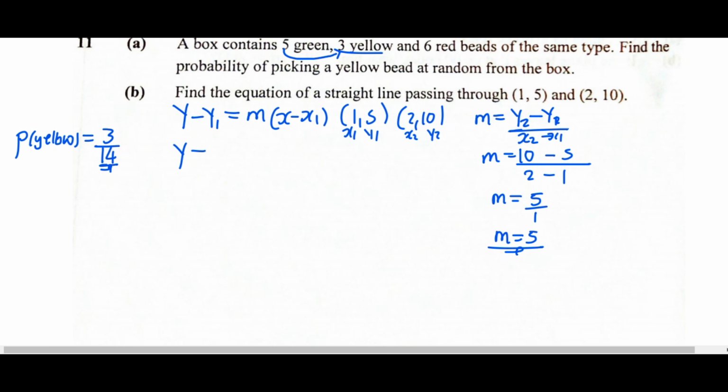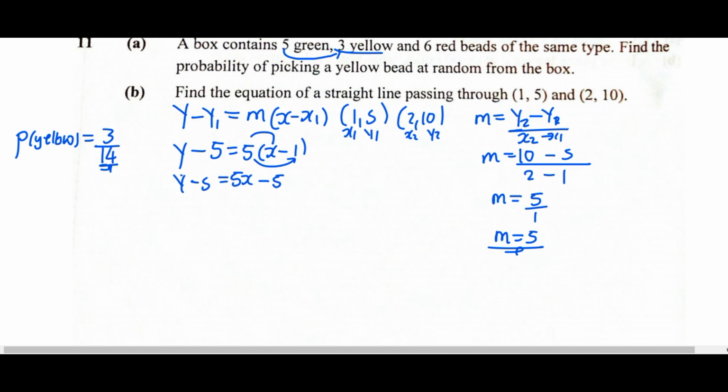So we can now go back to our equation. y minus y1, which is 5, equals gradient 5, times x minus x1, which is 1. So y minus 5 is equal to 5 times x, which gives us 5x, then 5 times negative 1 will give us negative 5.